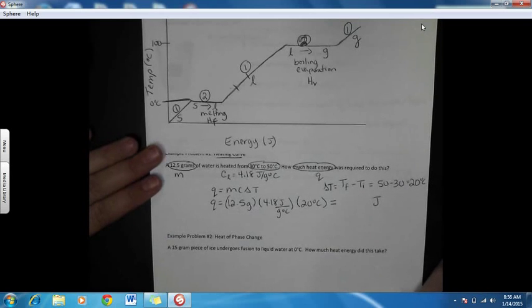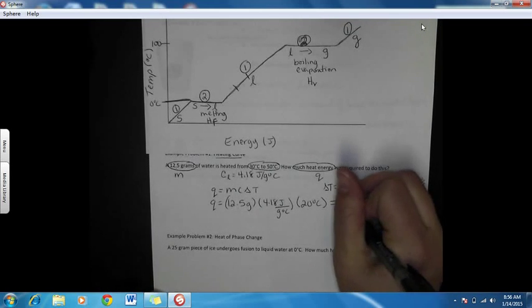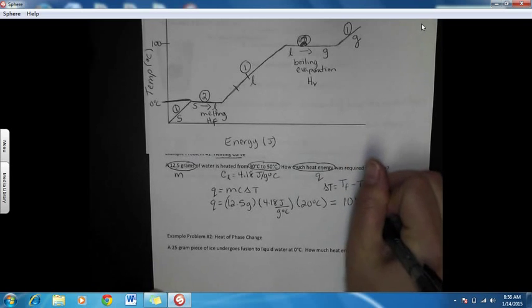So take a moment and calculate that amount. Right, and so we get 1,045 joules.